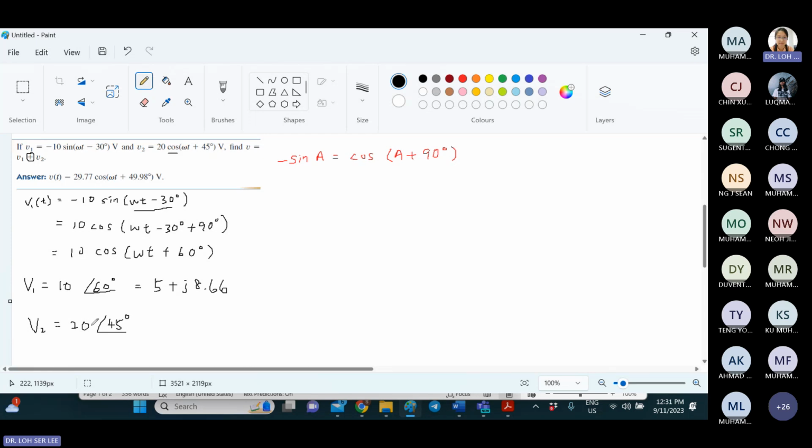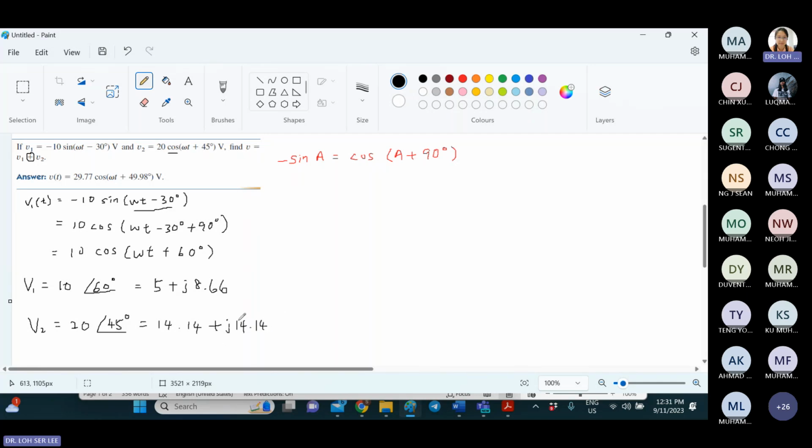For this one, 20 cos 45, you get 14.14, and then 20 sine 45, for the imaginary part, you have plus j 14.14.